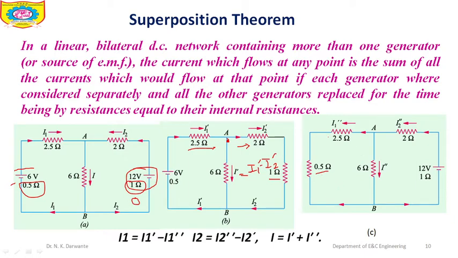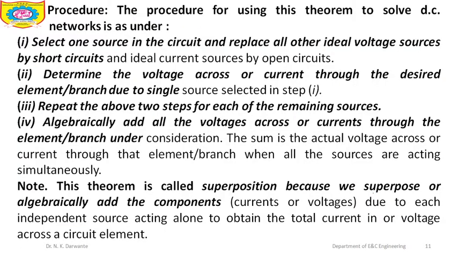Then again you have to find out the current through these branches. As here 12 volt is applied, you can see the arrow directions we have reversed, and whatever current you find, you have to denote it with a double dash. For example, current through 2 ohm will be I2 double dash, current through 2.5 will be I1 double dash, current through 6 ohm will be I double dash.